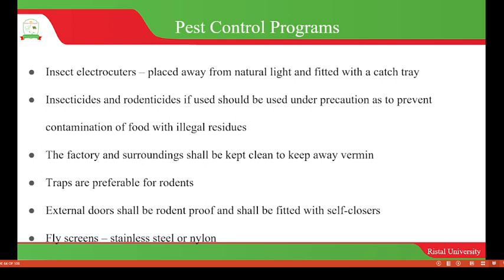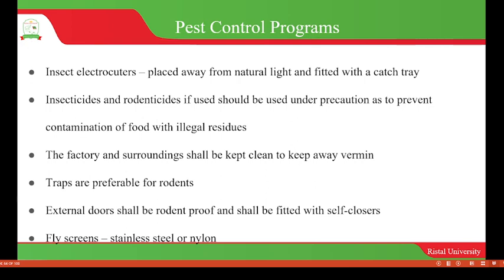Pest control programs involve the following methods to control pests. For insects, we can use insect electrocutors, which are mostly placed away from natural light and fitted with a catch tray, so that in case an insect tries to pass, it will be trapped.